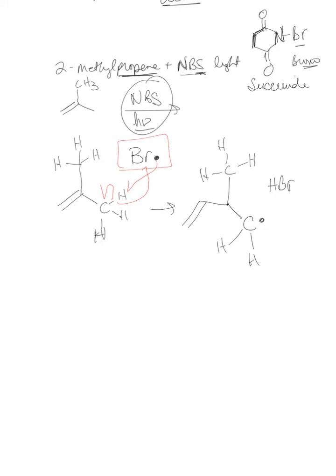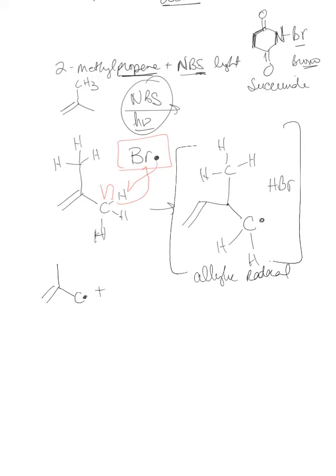Okay, so what is this? This is an intermediate, and it is called an allylic radical. So this allylic radical is actually a pretty stable radical. So this will happen. And now, we'll just draw it like that. It's going to react with NBS.